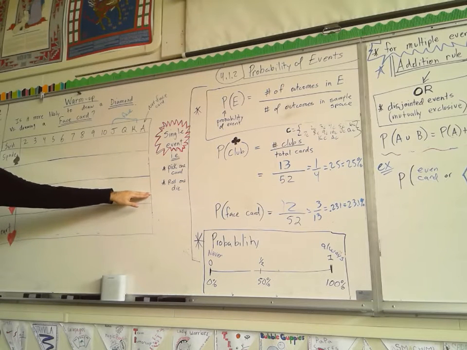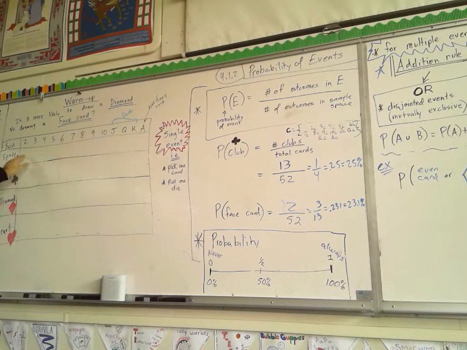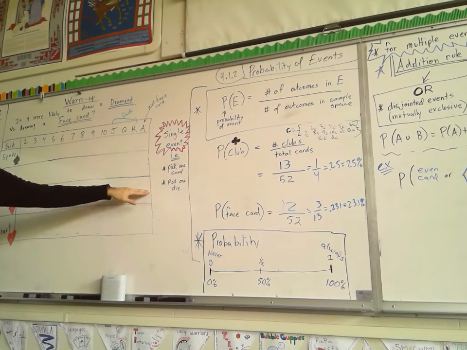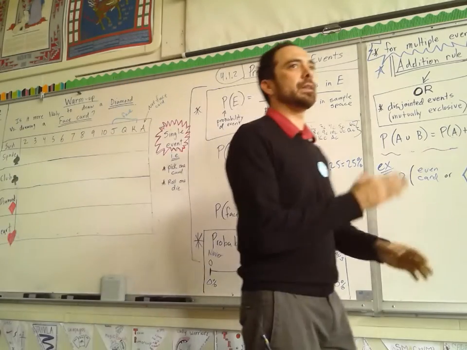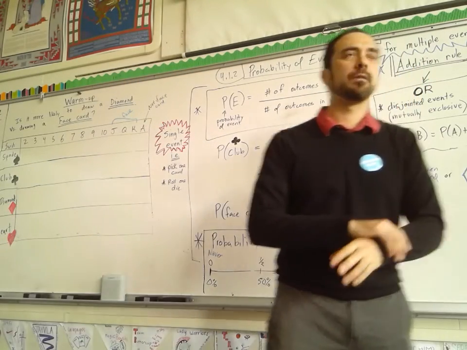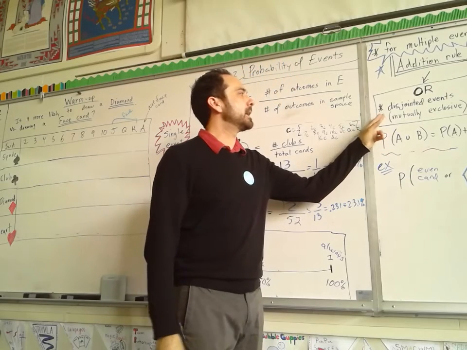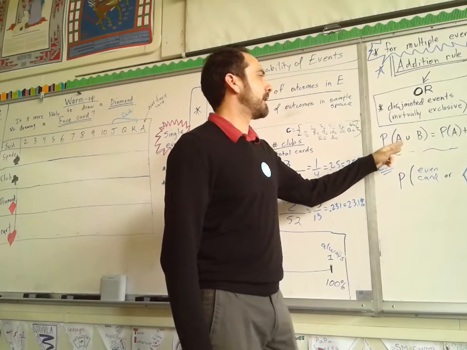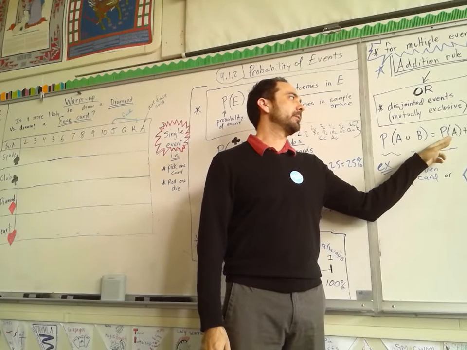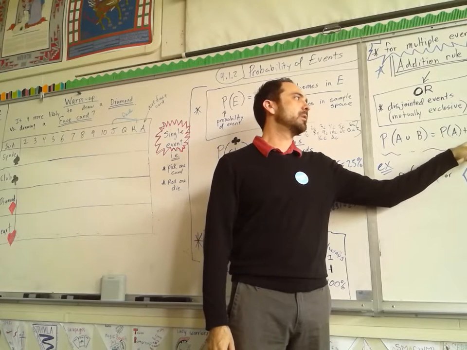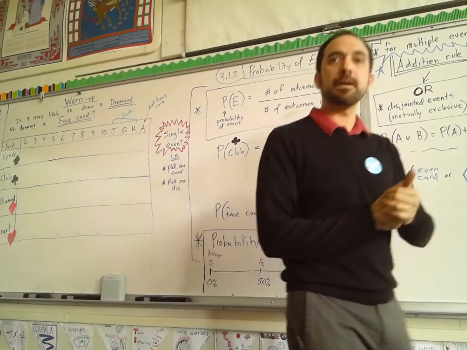The probability is just all the options that are spades plus all the options that are diamonds. They're disjointed because there's nothing that those two conditions have in common. So we just find the probability of set A and the probability of set B, and add those together.